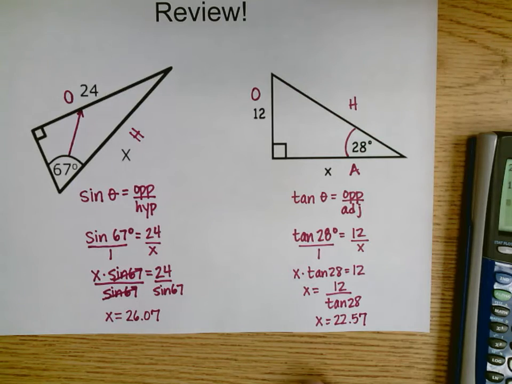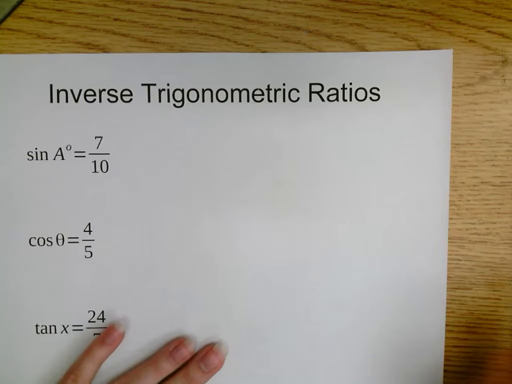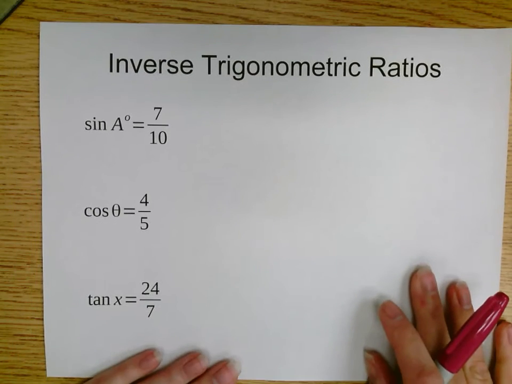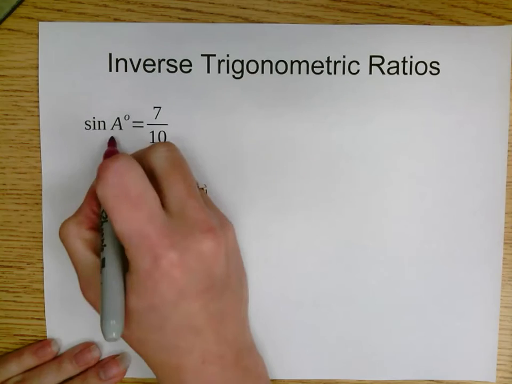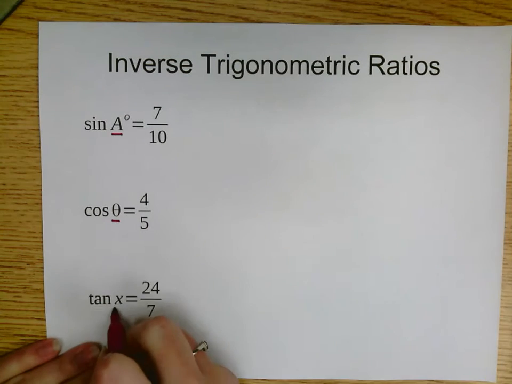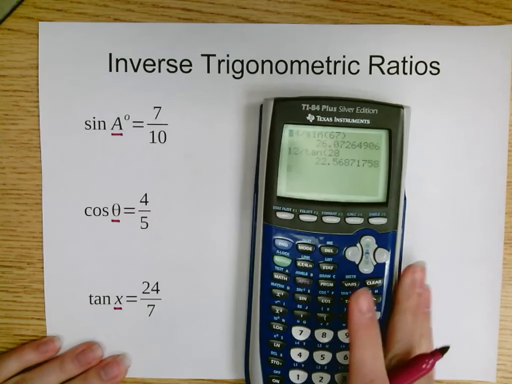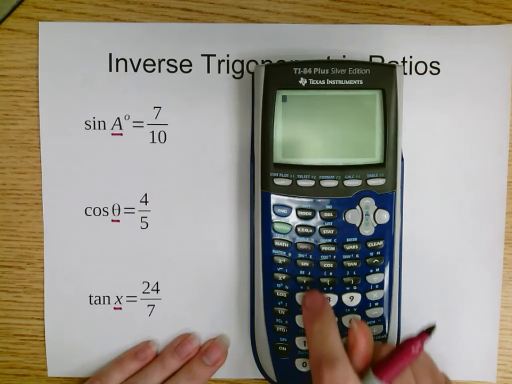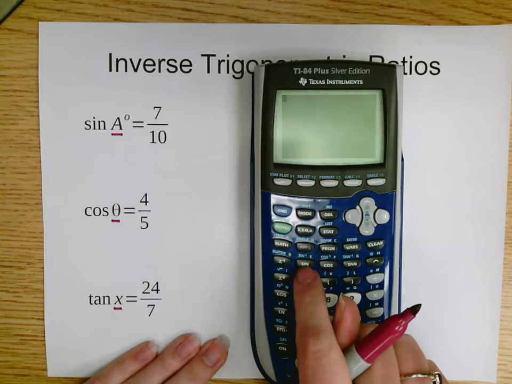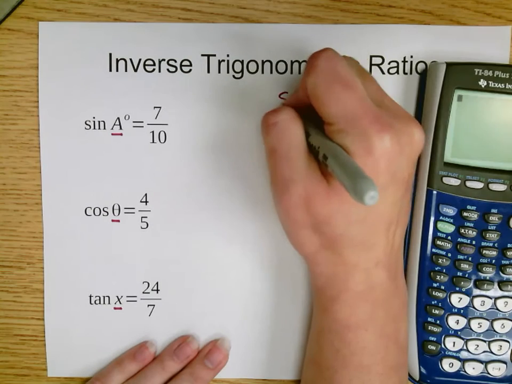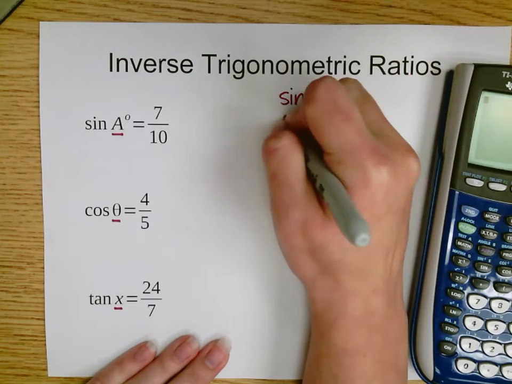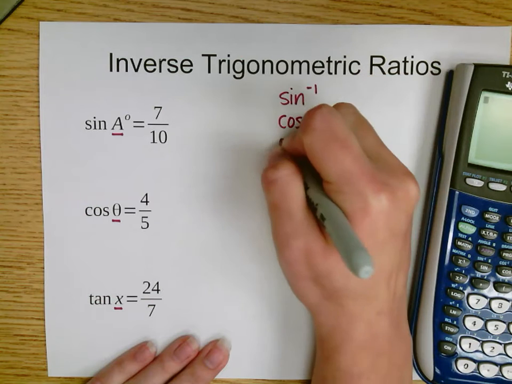Alright, let's look at the lesson piece that we're going to talk about here. Inverse trigonometric ratio. So I told you we're looking for the angles. I want you to look at your calculator and see sine, cosine, and tangent. Right above them, you have sine to the -1, cosine to the -1, tangent to the -1.